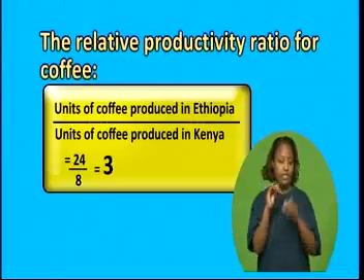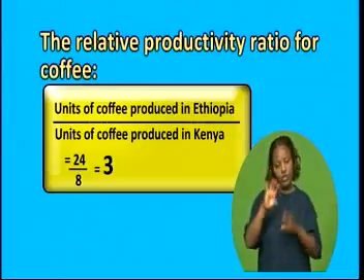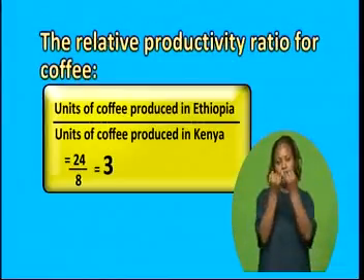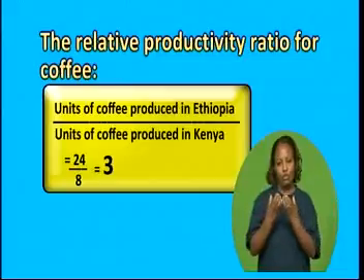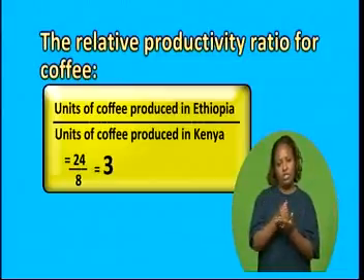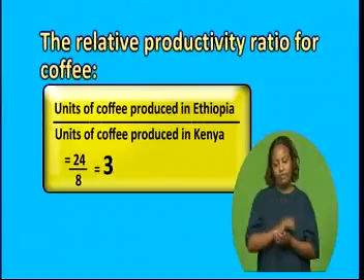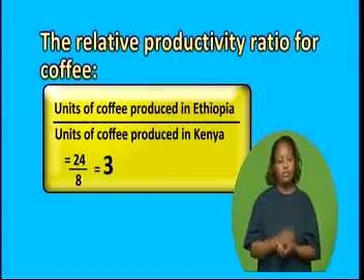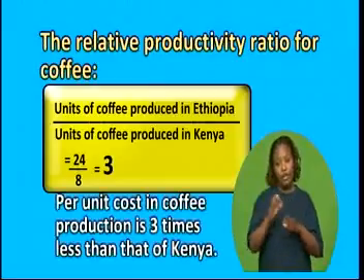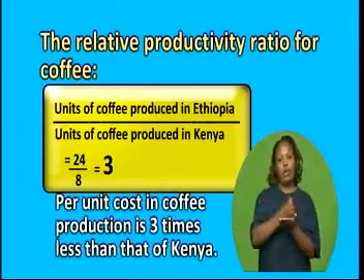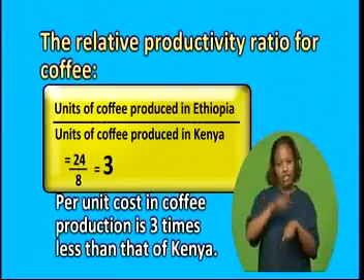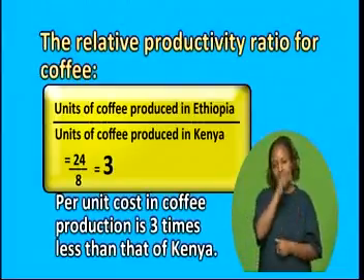That is, it equals 24 units of coffee produced in Ethiopia divided by 8 units of coffee produced in Kenya. This equals 3. This means per unit cost in the production of coffee in Ethiopia is 3 times less than that of Kenya.